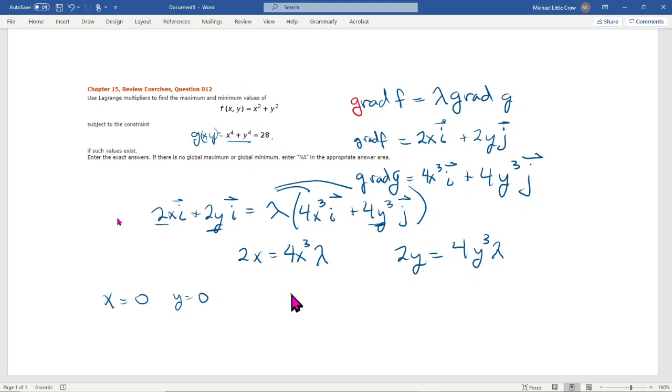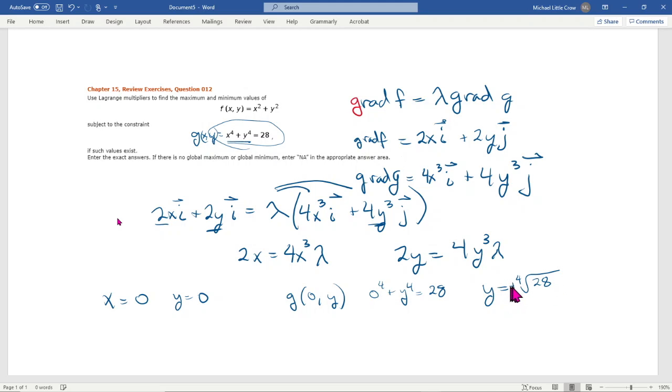So let's go with this function with x being 0, what would y be? So if x is 0, we get 0 to the 4th plus y to the 4th equals 28 from up here. So that's just y to the 4th equals 28. We have to take the 4th root of both sides. That gives us y equals the 4th root of 28.